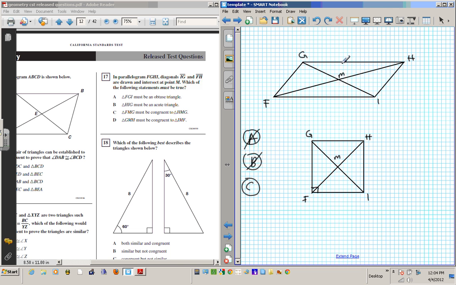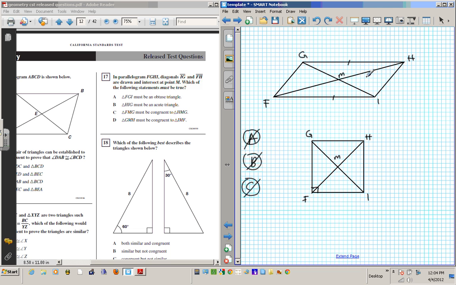You can just look at it and tell. This is an acute triangle and this is an obtuse triangle. Absolutely not. They're not the same. Okay? So the final answer has to be D, right? It says triangle GMH is congruent to IMF. You can see it in both cases, right? Because this side right here is congruent to that side, right?